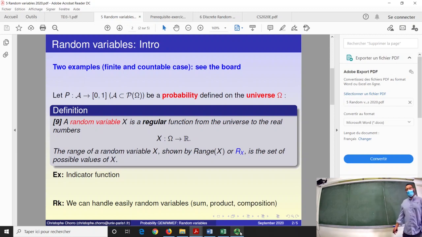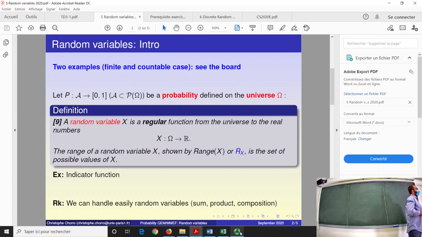So any mapping will be a random variable. But just keep in mind that you will have to be in this situation. I have a probability defined on the universe. In my previous examples, it was the universe related to rolling a dice and the associated probability, or flipping a coin until the first head appears and the associated probability. And X is just a general mapping defined on the universe with values in R. Basically. Not more.